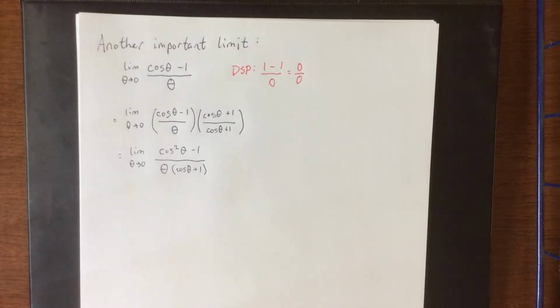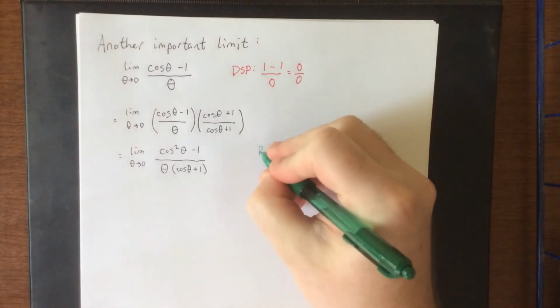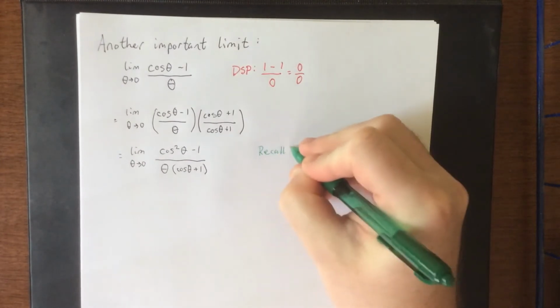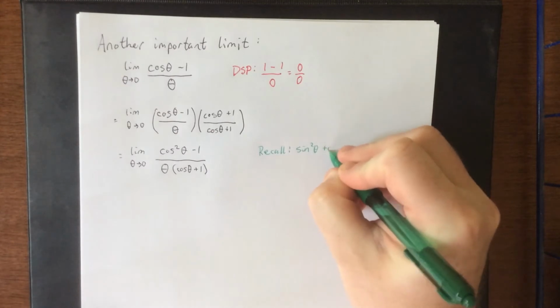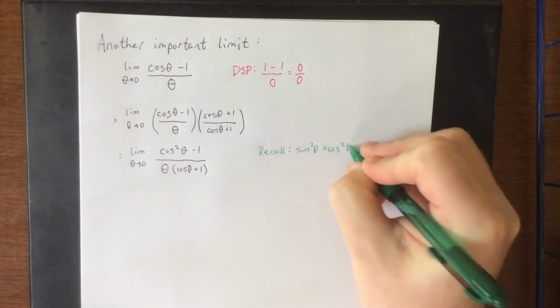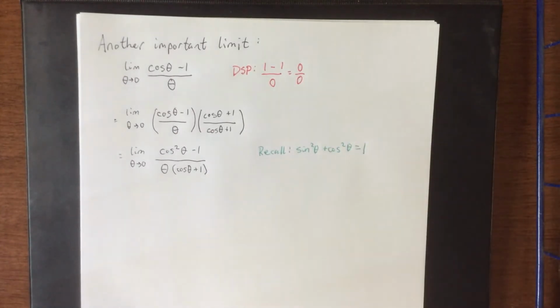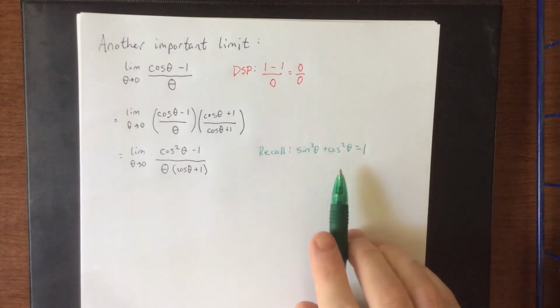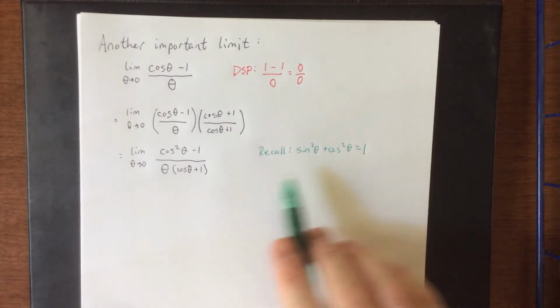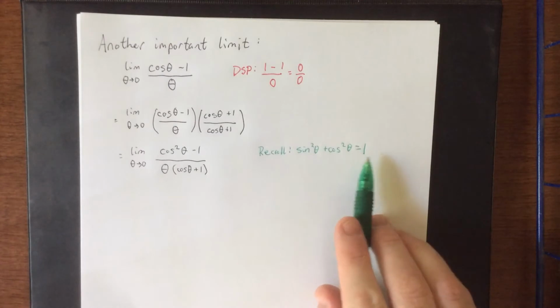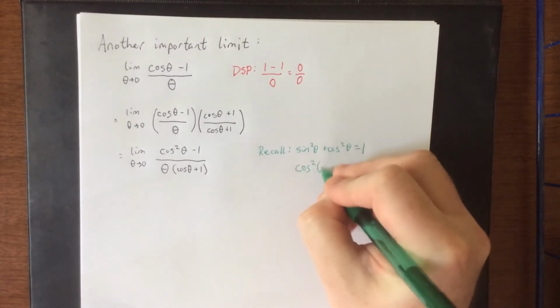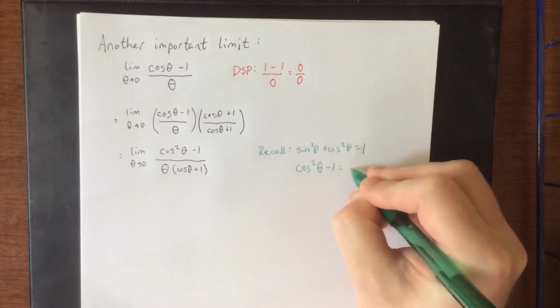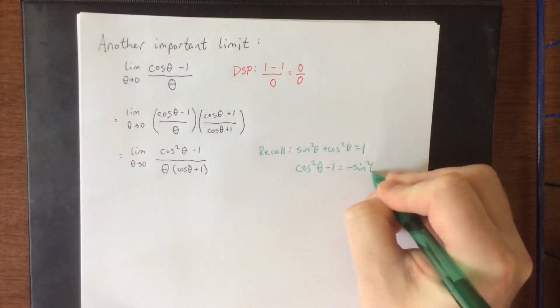Now I will ask you to recall with me an important identity from back in trigonometry, that the sine squared of theta plus the cosine squared of theta is equal to 1. Now, the idea is I'd like to turn this identity into what I see in the numerator, so I'm going to subtract 1 from both sides, and I'm also going to subtract the sine squared from both sides.